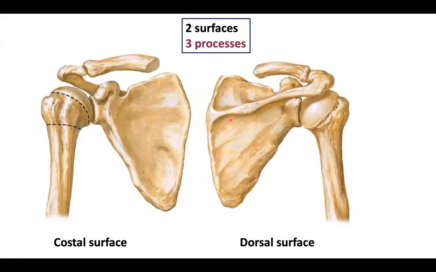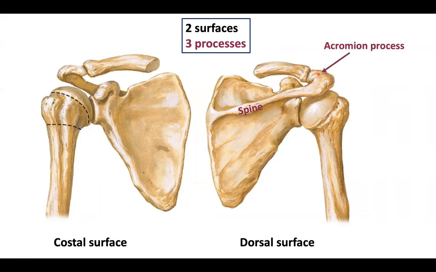And scapula has 3 processes. So on the dorsal surface, crossing the dorsal surface, it has a spine. So one of the processes is the spine. The spine continues laterally, and it becomes flat. And this flat part is known as acromion process. So the second process is acromion process.